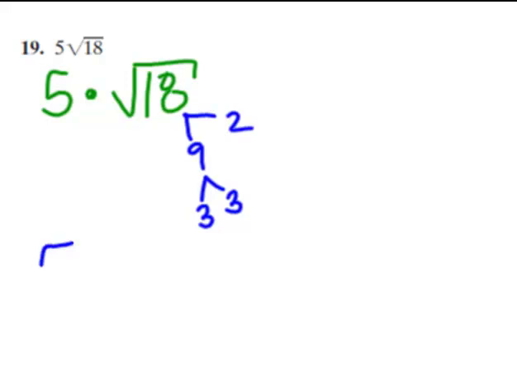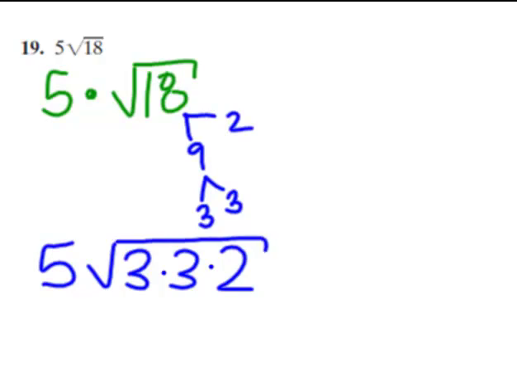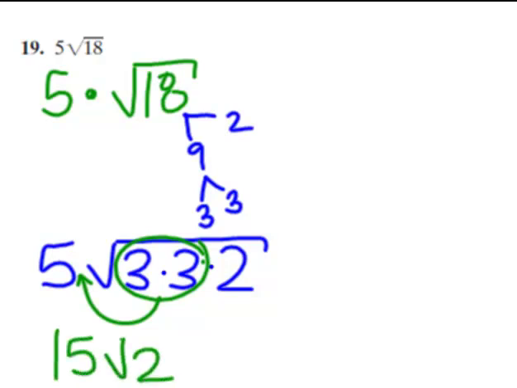So I could write this as 5 times the square root of 3 times 3 times 2. And because it's a square root, we need groups of 2 again, so 3 can leave. And we are going to multiply 5 and 3 together. So we end up with 15 times the square root of 2, or 15 root 2.